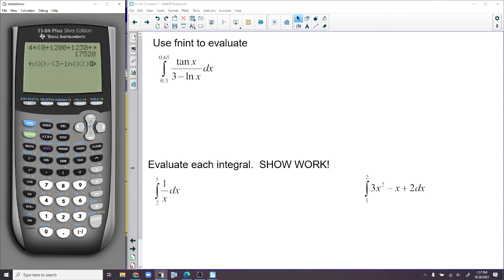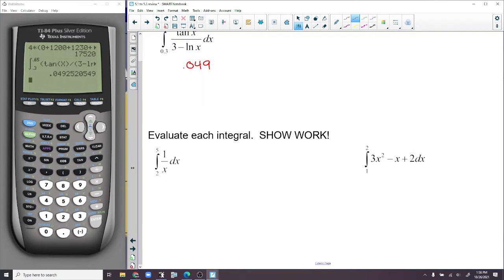And make sure you put the denominator in parentheses, because we're dividing by this quantity. And we have x there. Enter, and yep, that's what we've been getting all day, 0.049. No real work to be shown on that one. I get it. That's a pure calculator issue.